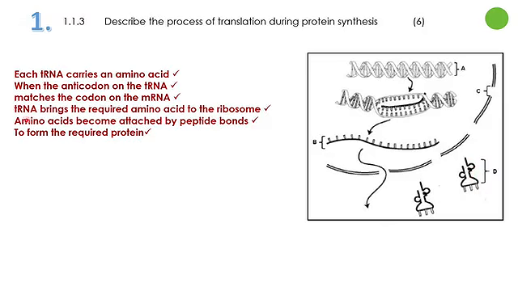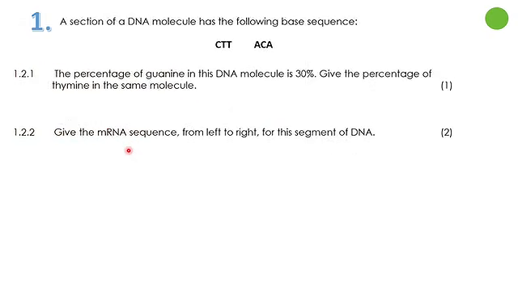That will then allow for a peptide bond to form between the two amino acids. As soon as another one comes in, same story, anticodon to codon matching. Eventually, if we've got about 50 or more amino acids strung together, we finally have our protein molecule. Anything less than 50 will be considered a polypeptide molecule. Right, so that is the process of translation.